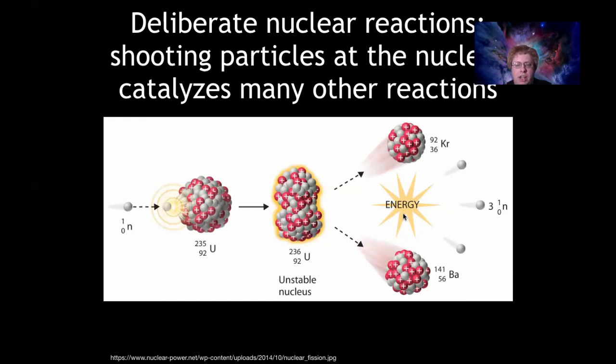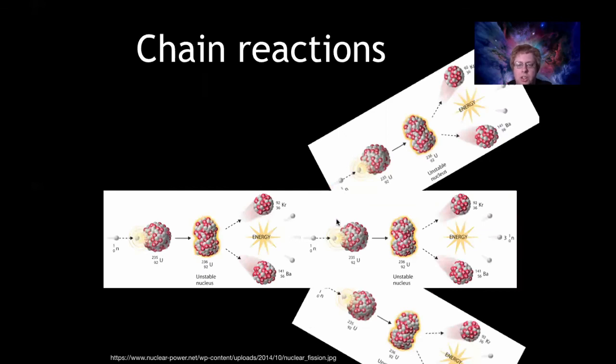And you can actually take advantage of these nuclear reactions because in some cases, like this one, it also produces 3 neutrons. So if you're clever, you can see how this situation might be useful to cause more reactions. Because now that you have 1 neutron coming in and releasing 3 neutrons, then each of these neutrons can cause another collision with a uranium atom, cause it to split, and then release 3 more neutrons.